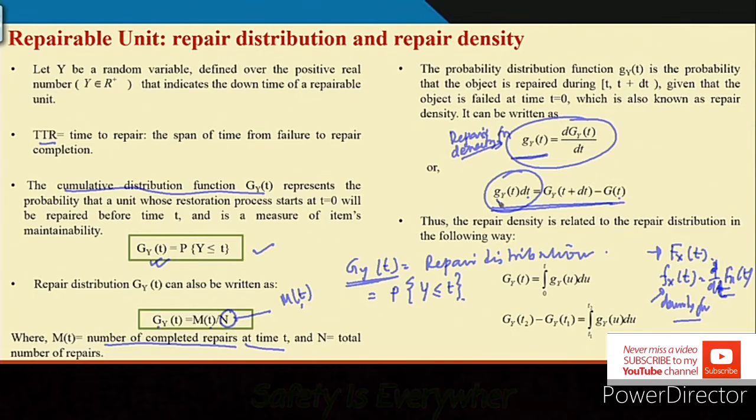So, this is density, this is the time interval, density multiplied by time interval will give you the probability, and it basically talks about within a small interval of time what is the probability that a component will be repaired. Okay.